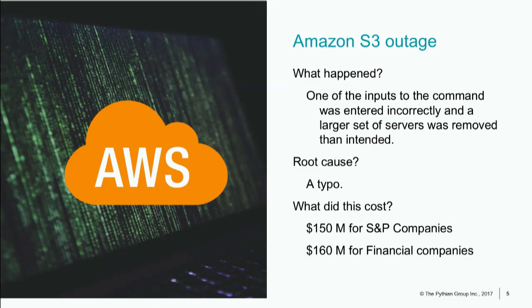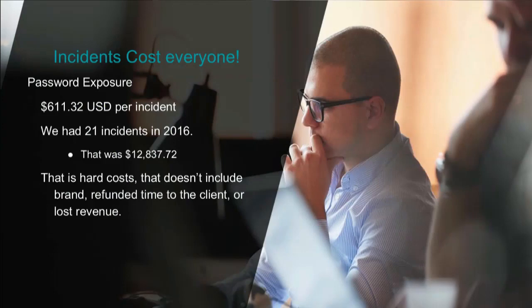Those are things that we can't put a money value on. But more importantly, how did that guy or that girl feel when they made that typo? I know I've been there. I'd like to take that back. I'm sure they would too. With a simple checklist, which we'll talk about, we can avoid very simple mistakes like a typo.